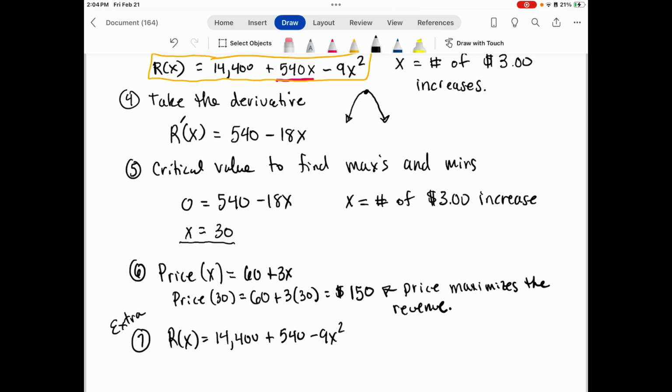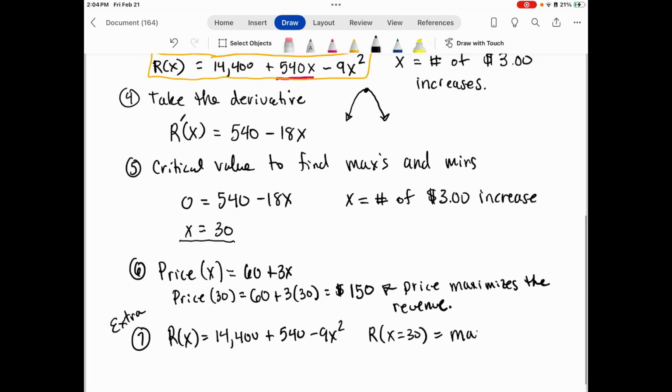I wanted to find the actual revenue, so I would plug in x is equal to 30, and that would give me the corresponding revenue for when x is 30, which would be the maximum revenue. So I'll let you do the math on that if you want to use it for practice. But the final answer would be we would need the room to cost $150 in order to maximize the revenue for this hotel, and it would be daily revenue.